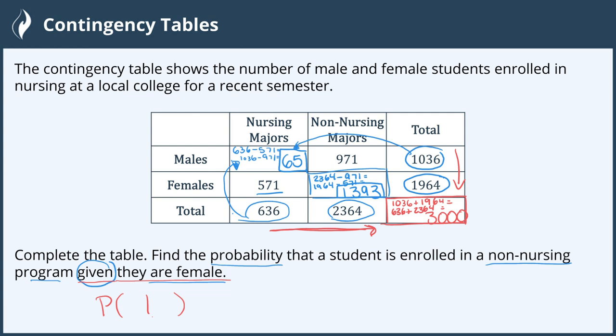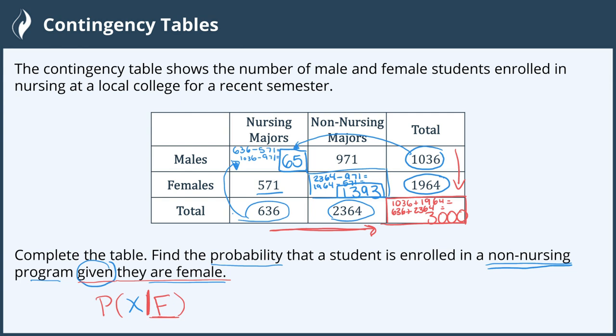So this goes into the given section here. Given is this line that they are female. And we are looking for the probability that they are a non-nursing major. And so I'm going to put an X for not. I'm crossing out the N because they both start with N, nursing and non-nursing.